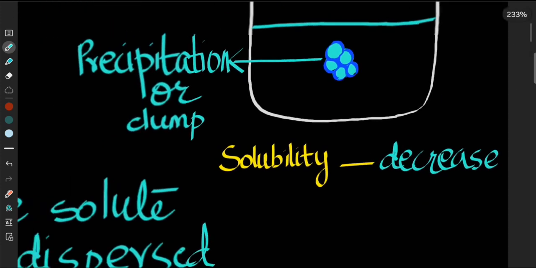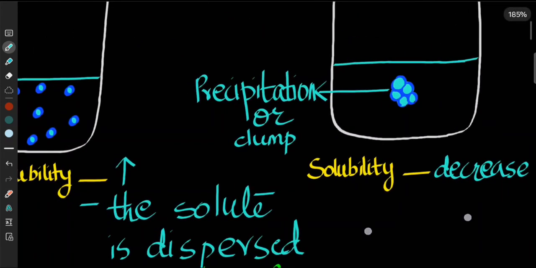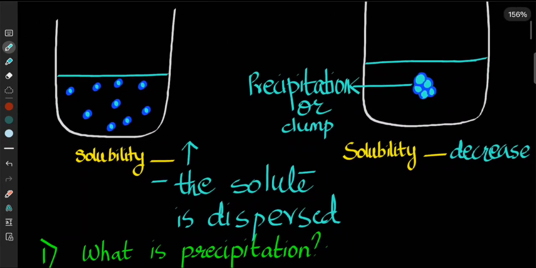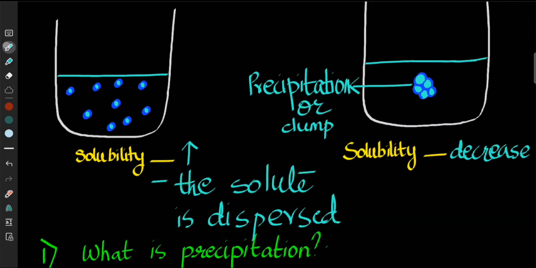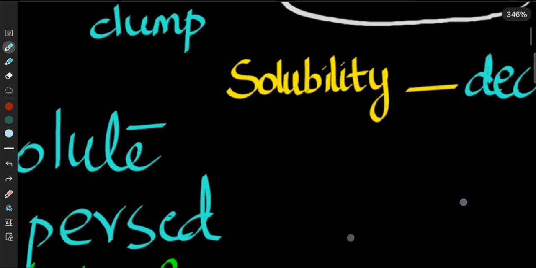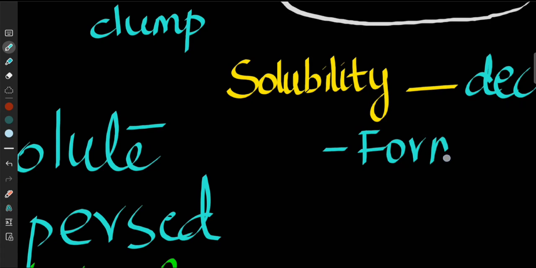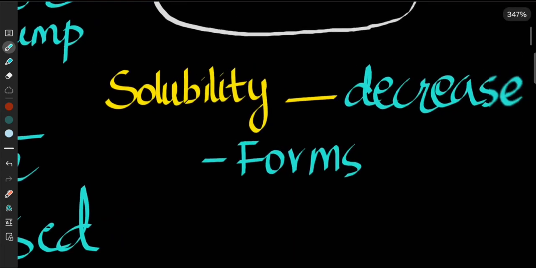And can I say that the solute is dispersed equivalently? No, right? It has aggregated. So I can say that it is forming a clump. I'll just write it out here. Forms clump.